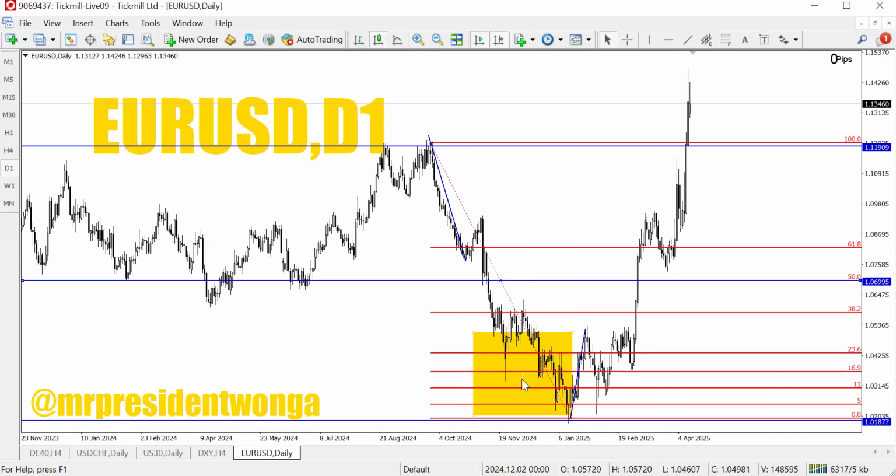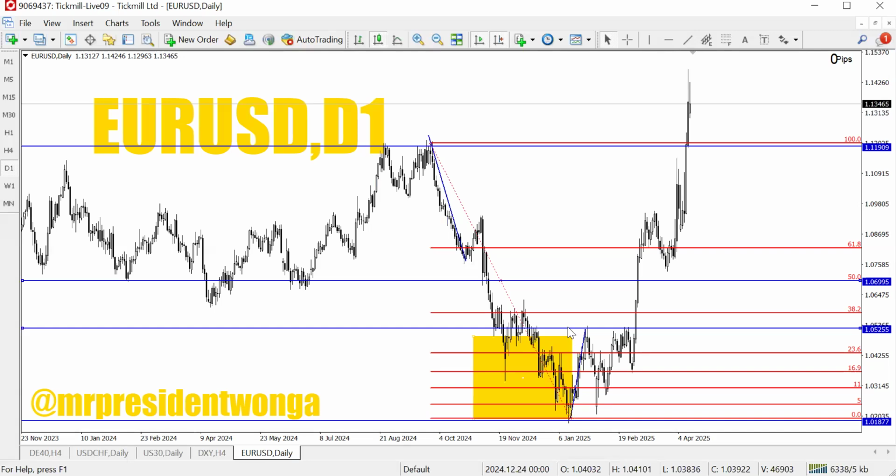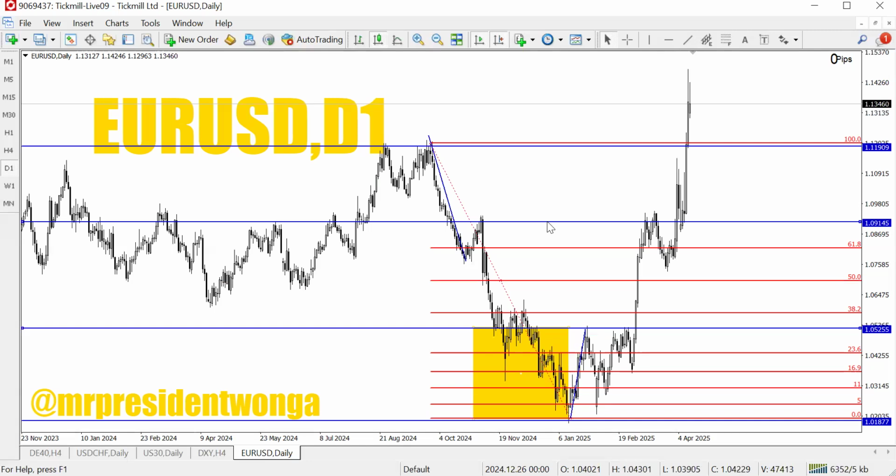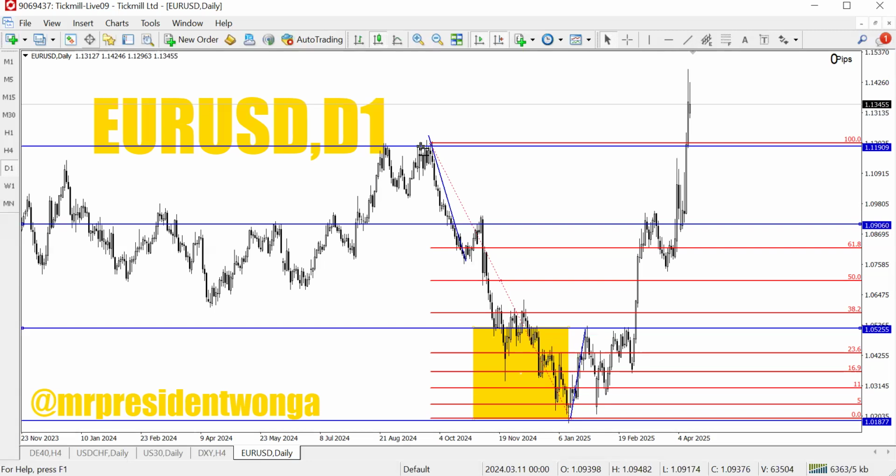So the first drop I'm marking using these lows, this is the low of this drop, and this is the retracement from that to another drop. So let me just mark these drops so that you understand what I'm referring to.